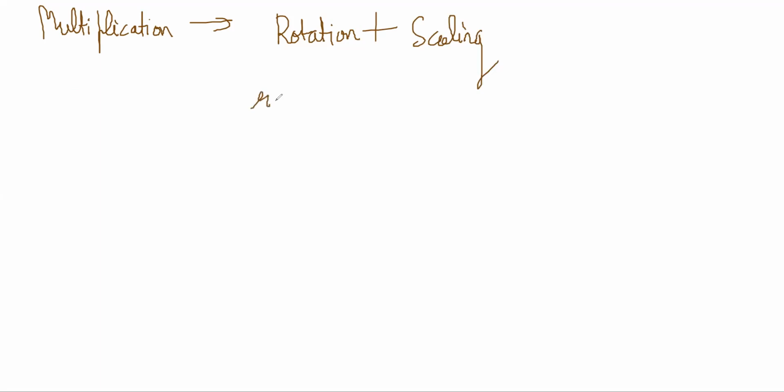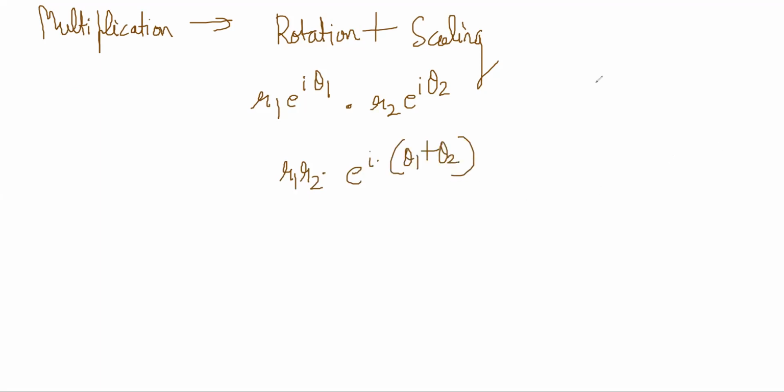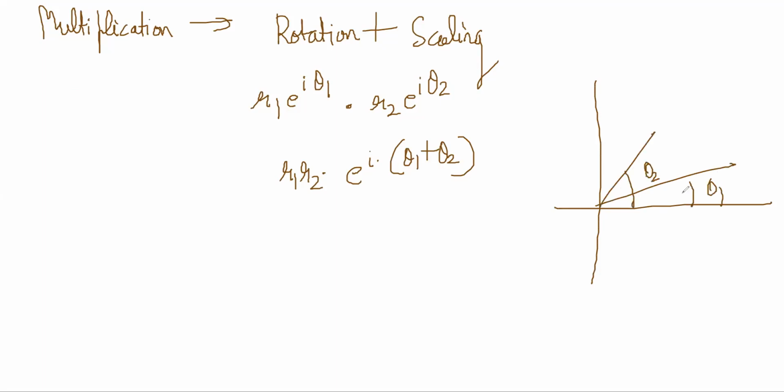So what is the rotation part? The rotation part is fairly clear. If you have a complex number like this and multiply it by another complex number like this, the final complex number will be r1 r2 e power i (theta 1 plus theta 2). So if I started off with some theta 1 and another angle theta 2, the final complex number will be at the addition of these two angles. So you are turning this vector by an additional angle and going to this new place.